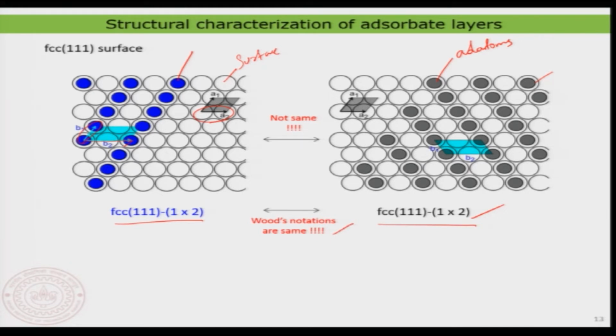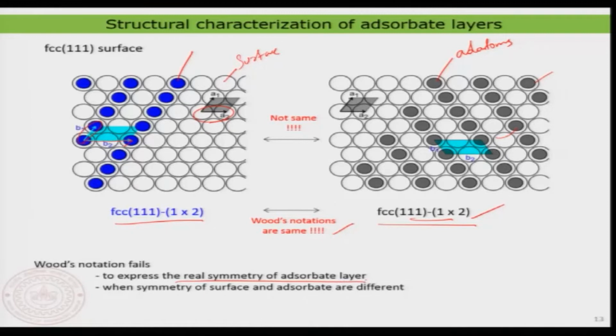But if you look carefully, the Wood's notations are the same, but the Adlayers are not the same. There is truly a difference in the symmetry of the Adlayer with respect to the surface. The oblique of this particular Adlayer is facing to this side, and the oblique of this Adlayer is facing to this side. So these two are mirror Adlayers, but that is not reflected in the Wood's notation.